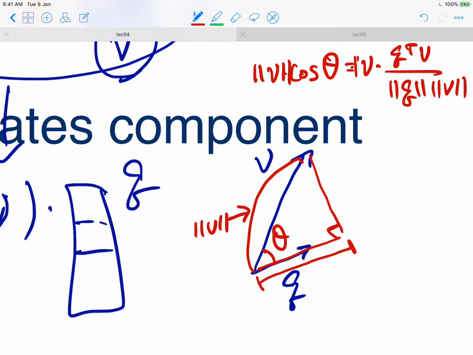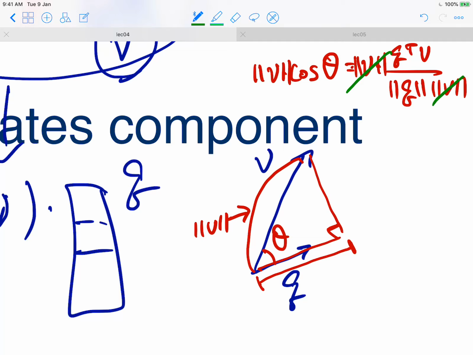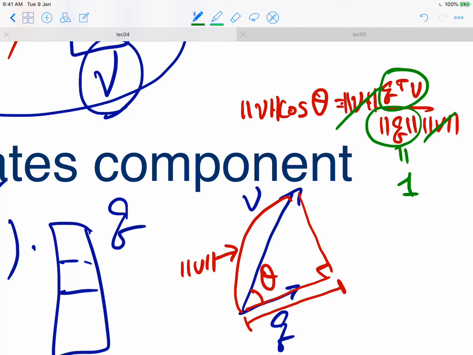And so it is cancelled out, and this guy is what? It is 1 by definition, because we started with the unit vector. And so simply Q transpose V corresponds to the length of this part.